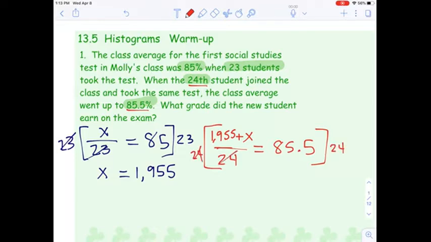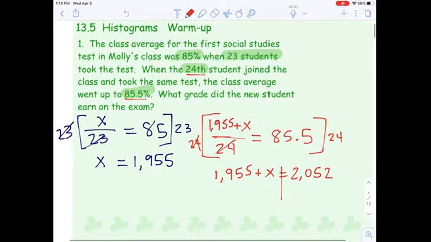That cancels the 24s out, and I'm left with 1,955 plus x equals 85.5 times 24, which gives you 2,052. To get x by itself, we subtract 1,955 from both sides.